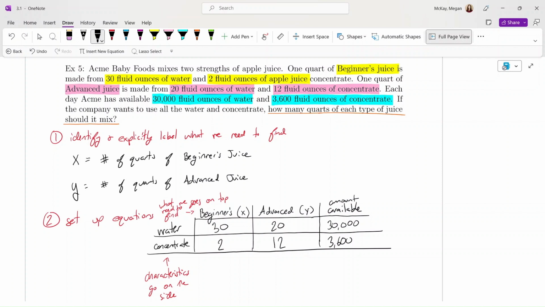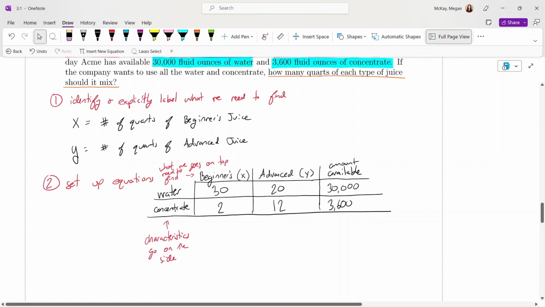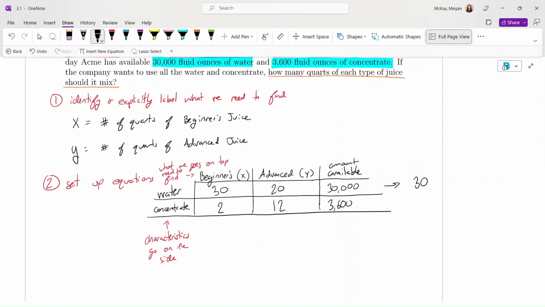Alright, now in order to set up the equations, what we've done now is set up a table to help us set up the equations. But to finish the equations, we're going to read from left to right across each row of our table. So here we have 30 ounces of water per quart of beginner's juice.